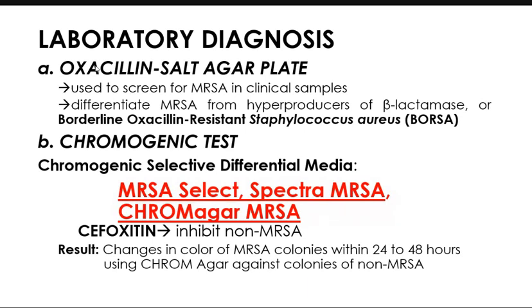Now, what else will we do? The chromogenic test. This is, again, for MRSA. With the chrome agar, you have the chromogenic selective differential media, and the cefoxitin here inhibits non-MRSA. So there will be changes in color of MRSA colonies within 24 to 48 hours using chrome agar, against colonies of non-MRSA.